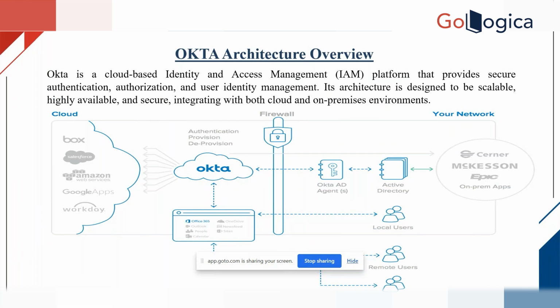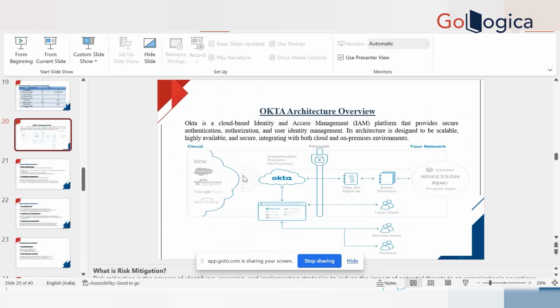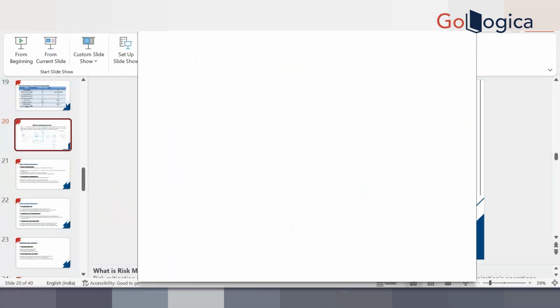As you already know, Okta is a cloud-based identity access management platform which provides secure authentication, authorization, and user identity management. This architecture is designed to be scalable, highly available, and a secure integration between the cloud side and the on-prem environment. I'll give you one more walkthrough in pictorial format.